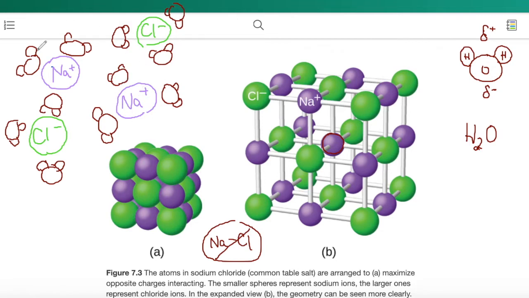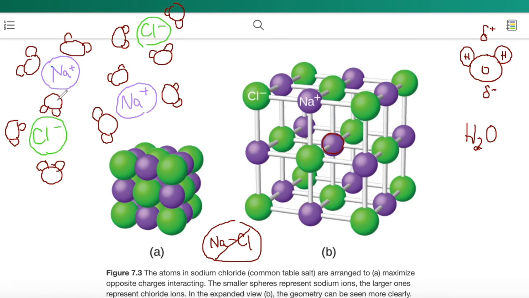Here I have a little bit of a diagram of what happens when sodium chloride dissolves in water. The sodium ions, instead of being next to the chloride ions, are now surrounded by water molecules, and the negative ends of the water molecules are pointed in towards the positive sodium ion. For the chloride ion, again, this is surrounded by water molecules, and the positive ends of the water molecules are pointed towards the chloride ion there.